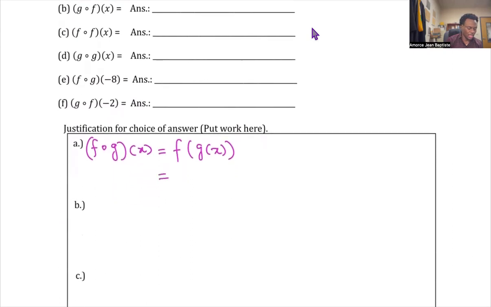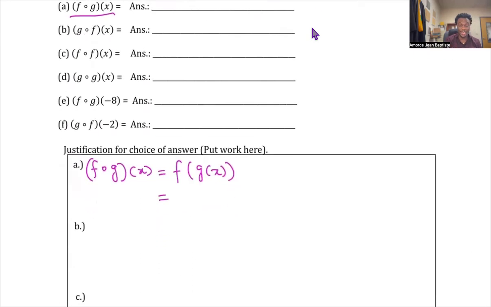That would be basically g of x squared minus 6 times g of x.